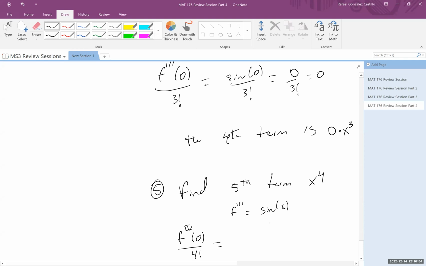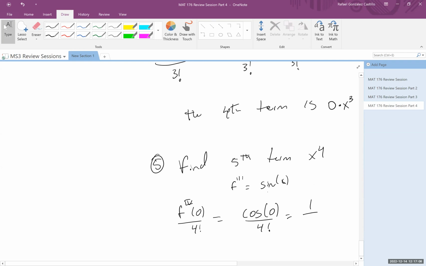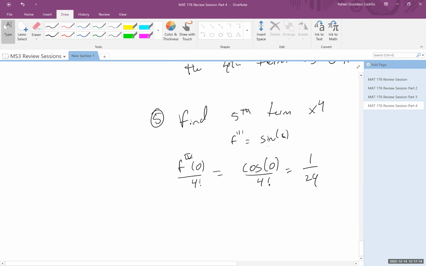So our fourth derivative is going to be cosine of x, because the derivative of sine is cosine. So you're going to get cosine of 0 over 4 factorial. Cosine of 0 is 1. 4 factorial is 4 times 3 times 2. 4 times 3 is 12, times 2 is 24. So our fifth term is 1 over 24 times x to the 4.